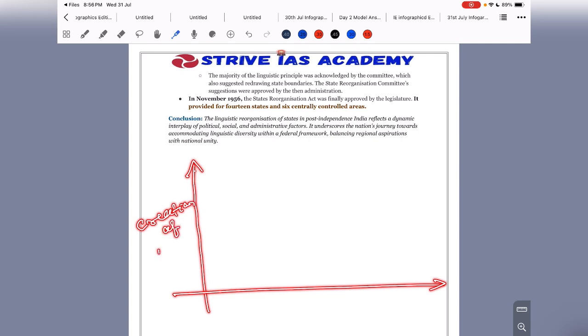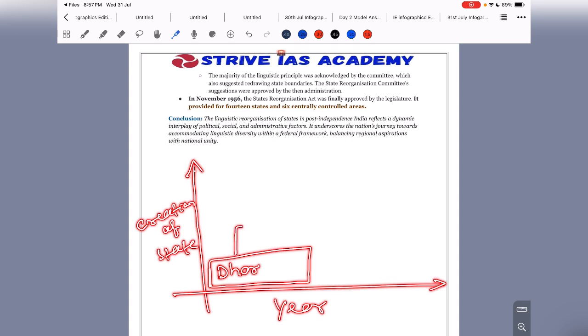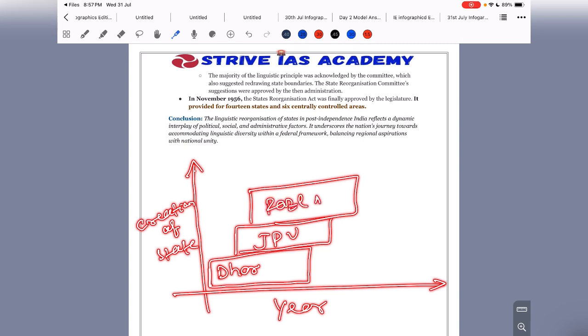creation of state. Here you can write. You can use a box first, like Dhar Commission, then JVP, then Fazal Ali, then States Reorganization Act, 1956.